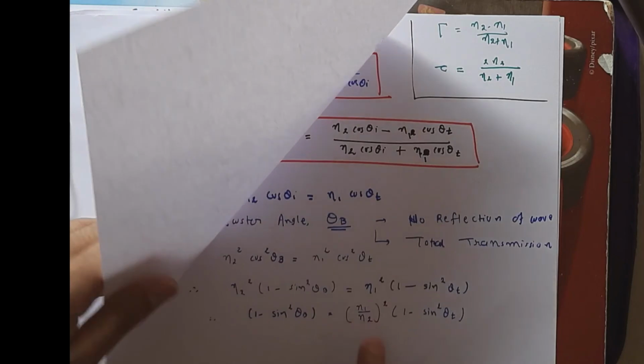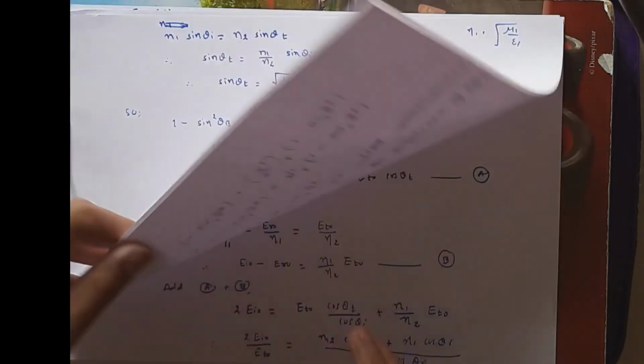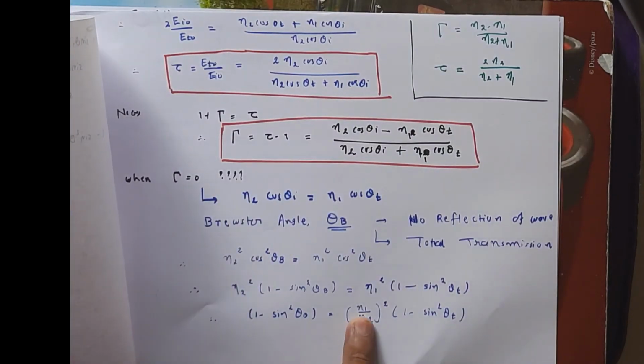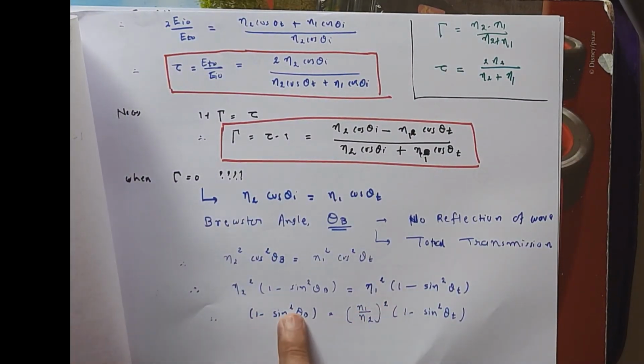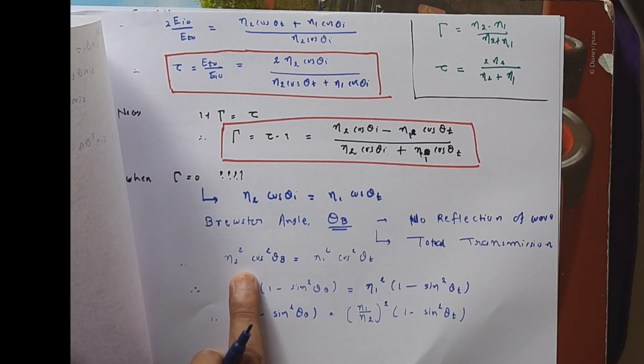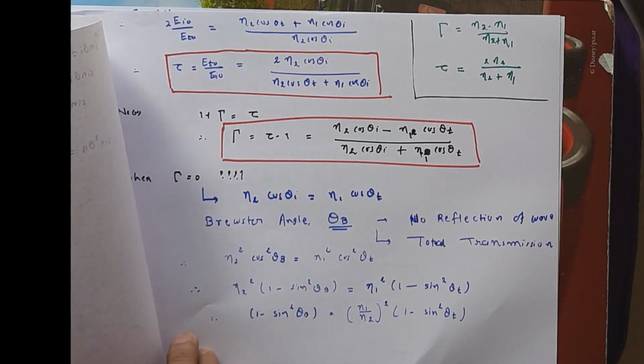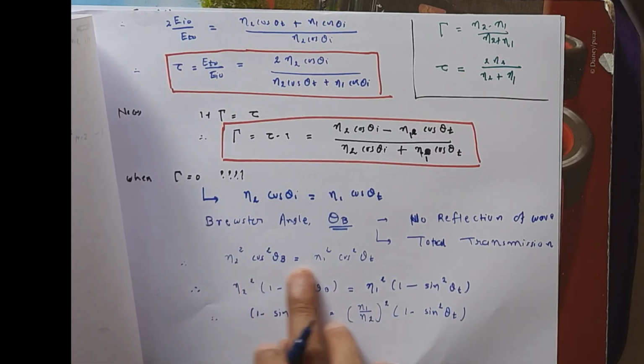So eta 1 is under root and it is squared. Again see this, eta 1, eta 2, is it correct? Yes, eta 2 square and 1, sin square theta b.